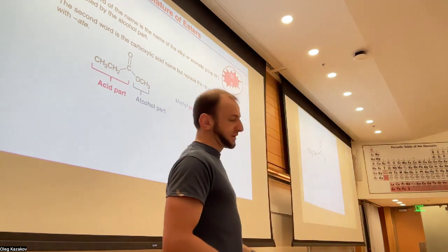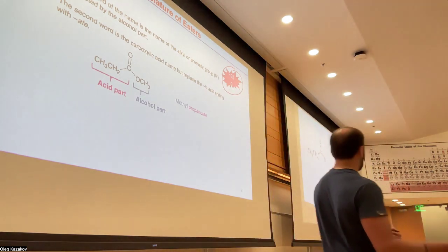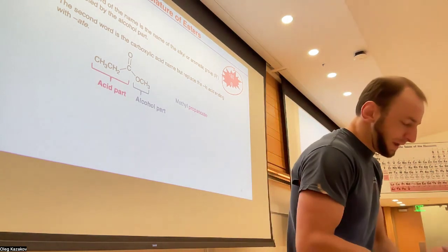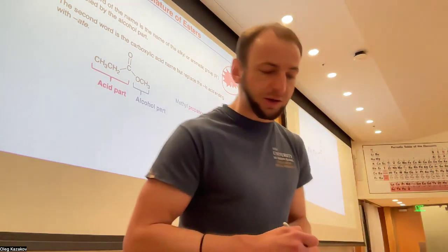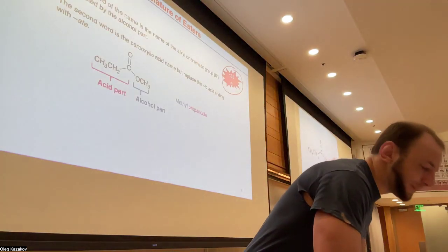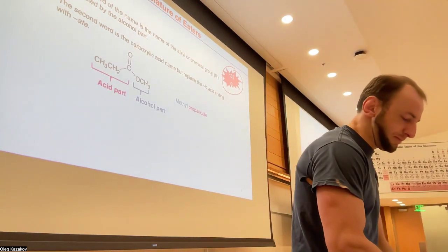This is going to be propanoic acid because 3 carbons correspond to propane as our parent molecule. Now here you have your CH3 instead of the H, and CH3 is known as the methyl, right?